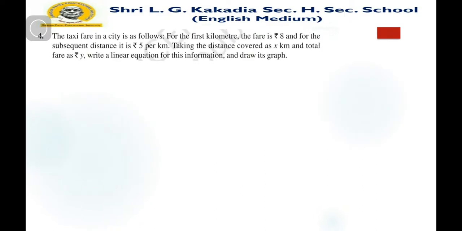Now example number 4: a taxi fare in a city is as follows. For the first kilometer, the fare is rupees 8, and for the subsequent distance, it is rupees 5 per kilometer.